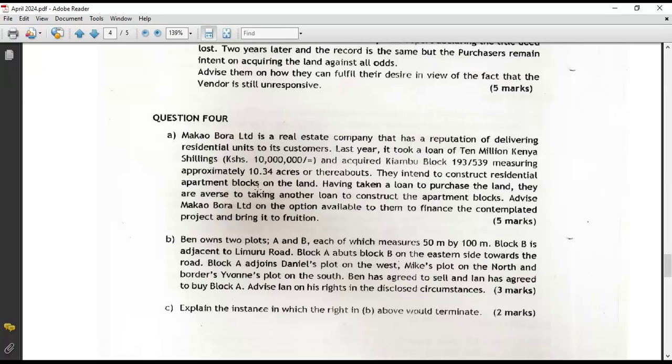So you answer the question according to how you have been asked. In another question, they can ask you about the documents, so go and study about the documents. That's how you answer. This is why students fail. You have the knowledge of off-plan, but you must be able to apply it to the question, or any other topic or subject.